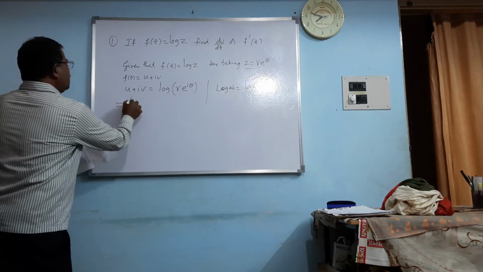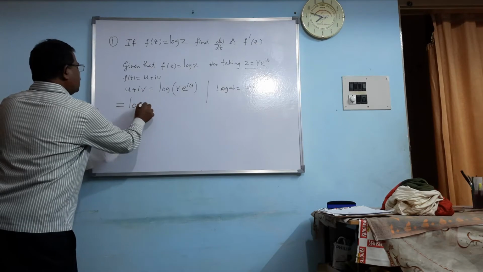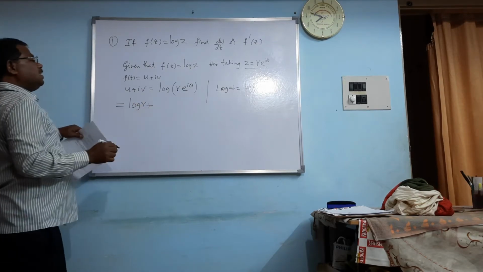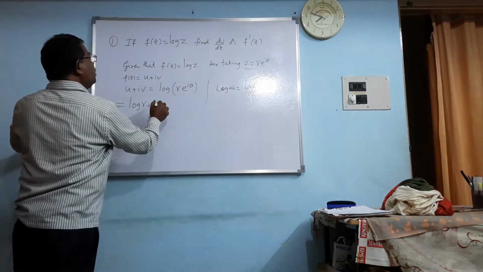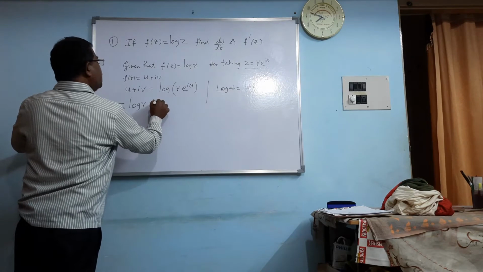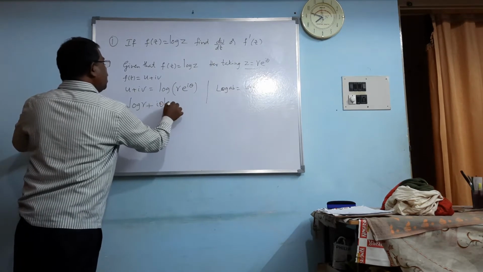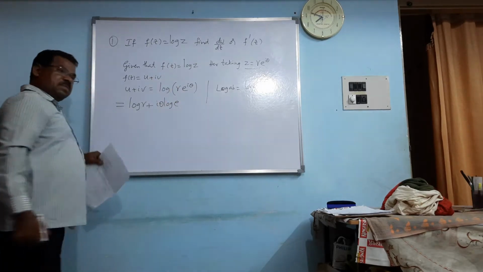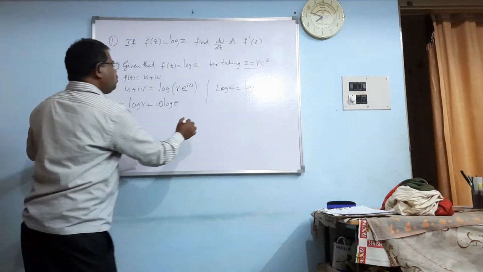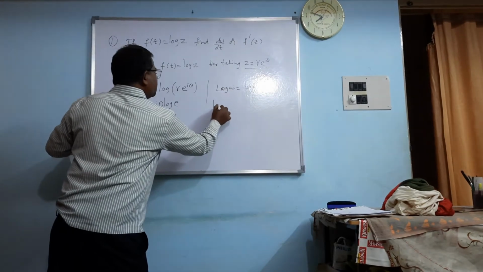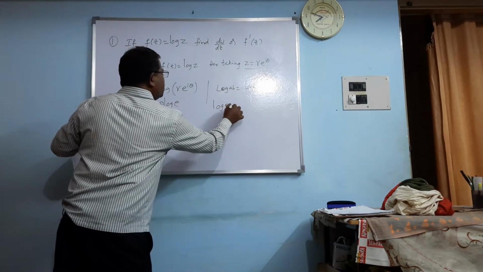Similarly, we expand it like this: log r plus i theta log e. Here, what is log e to the base e? This is 1.